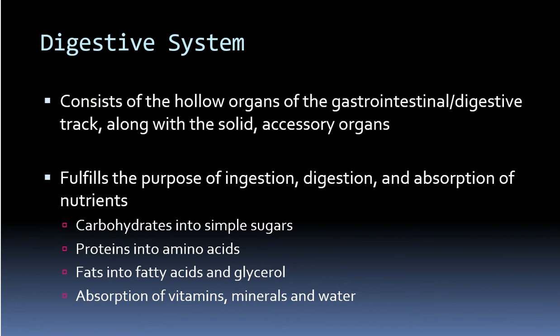This is where carbohydrates will be broken down into simple sugars, proteins will be broken down into amino acids, fats will be broken down into smaller fatty acids and glycerol, and this will also be where you will see the absorption of vitamins, minerals, and water.